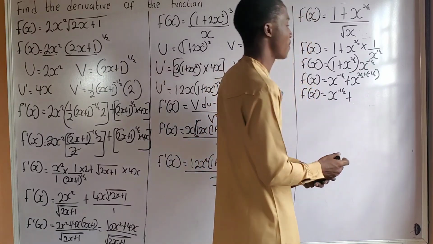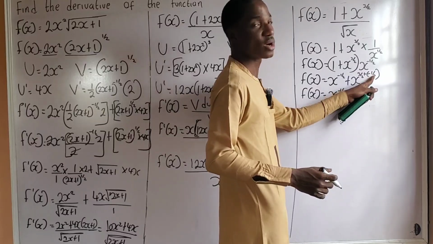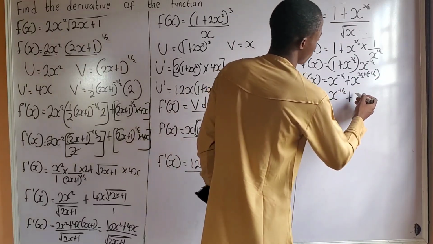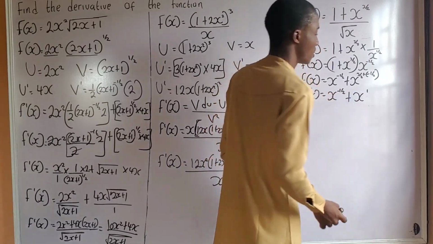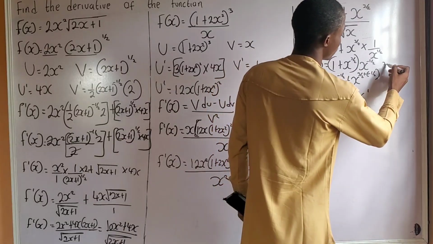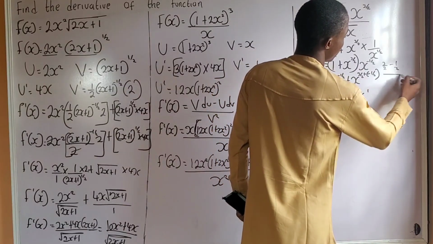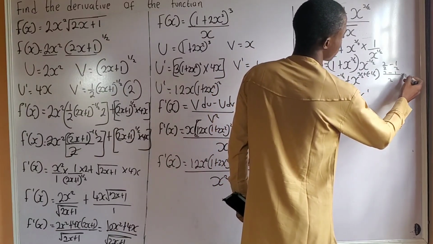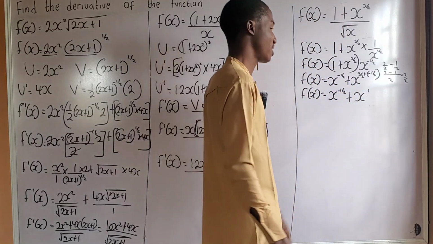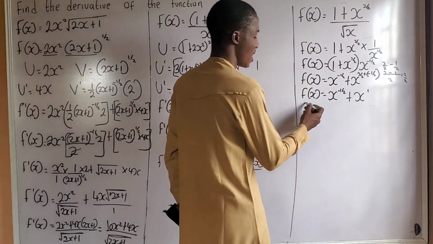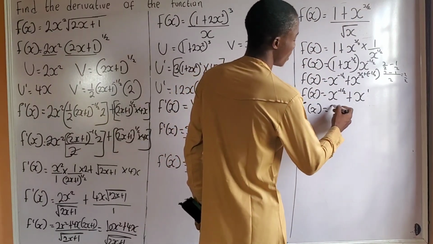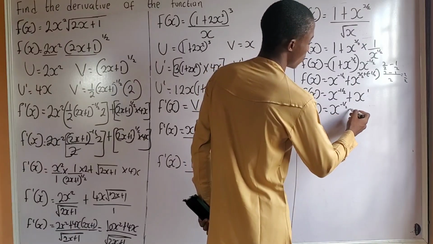Now 3 over 2 minus 1 over 2 is 1, so I have x raised to the power of 1. The LCM is 2, 3 minus 1 is 2 over 2, which is 1. So f of x equals x raised to the power of negative 1 over 2 plus x.